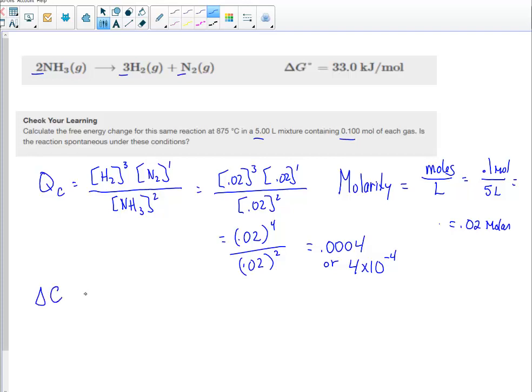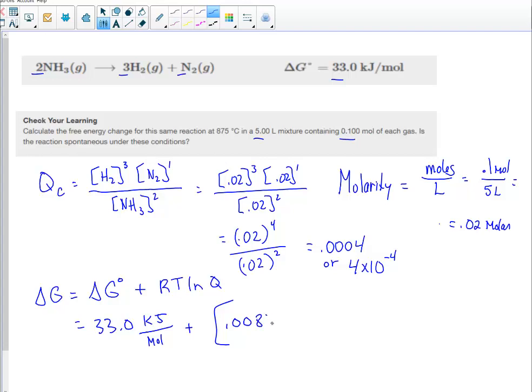Okay. Delta G for non-standard states can be found by taking the standard state delta G and adding on a correction, RT ln Q. Delta G in the standard state was given to us as 33 kilojoules per mole, plus R, the ideal gas constant written in kilojoules per Kelvin mole, 0.00831, times the Kelvin temperature.